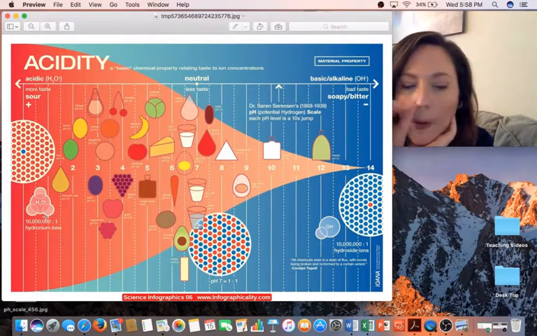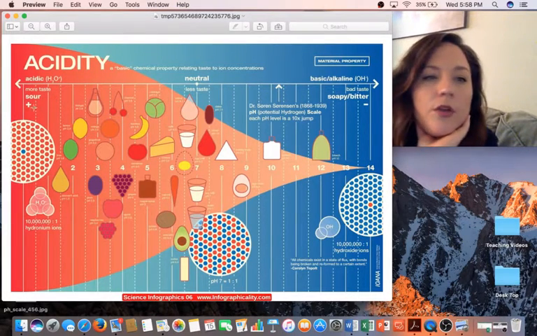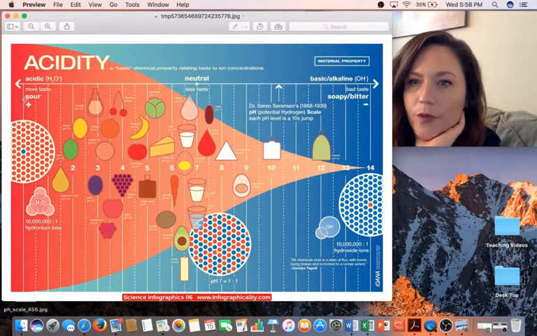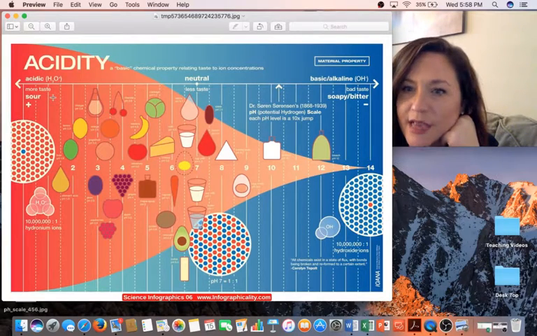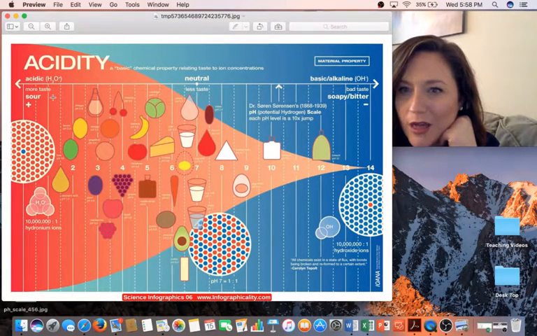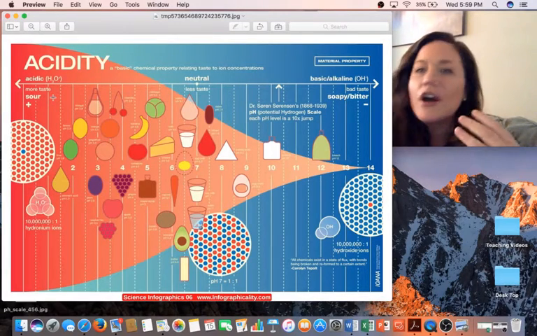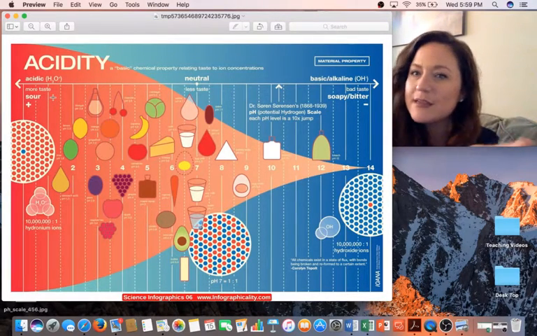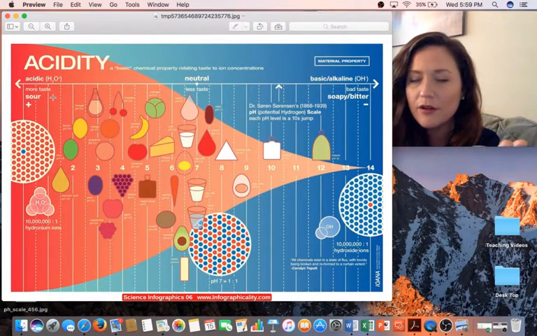Every time you step down the numbers, when you go from a pH 0 to a pH 1, what you're saying is, I have 1 times 10 to the negative 1 moles per liter of that concentration. So every time it steps down by a power of 10, it's a smaller amount.